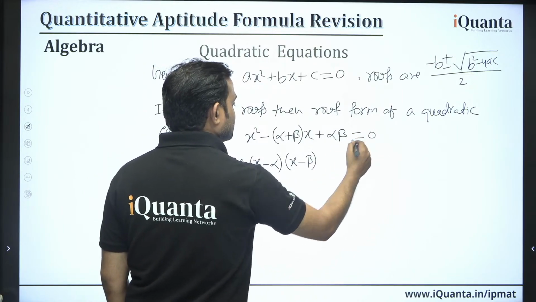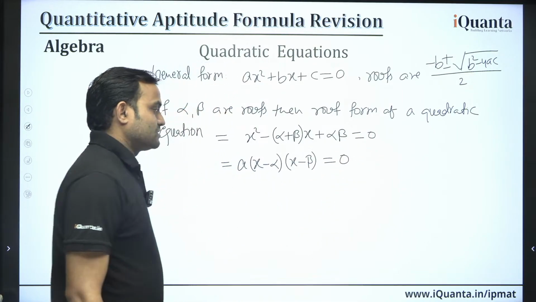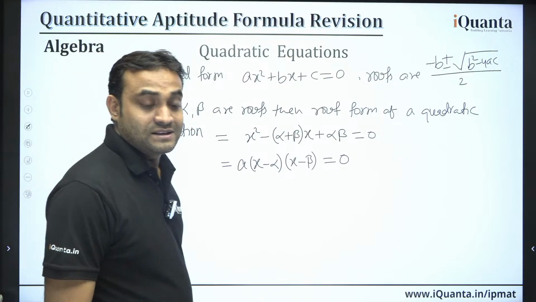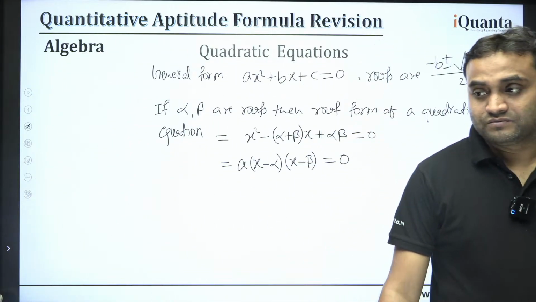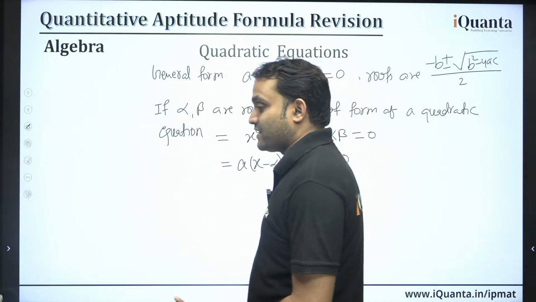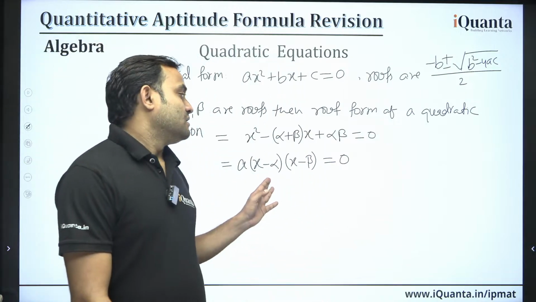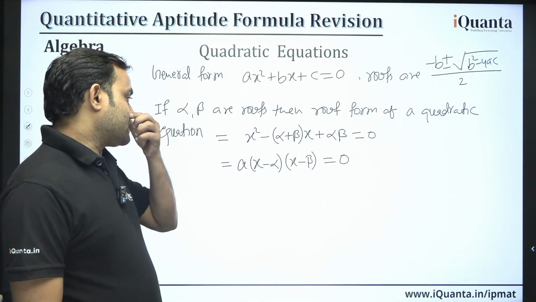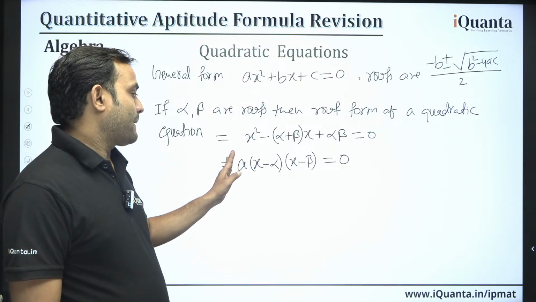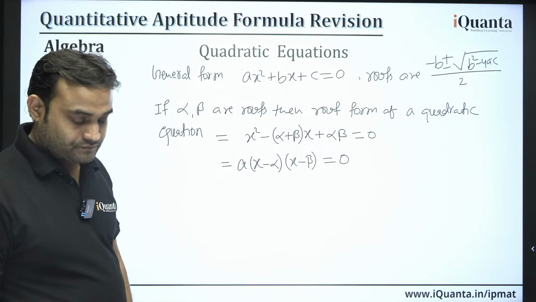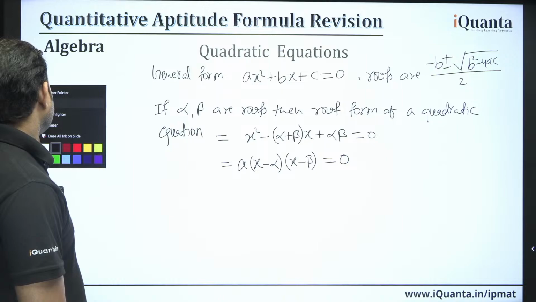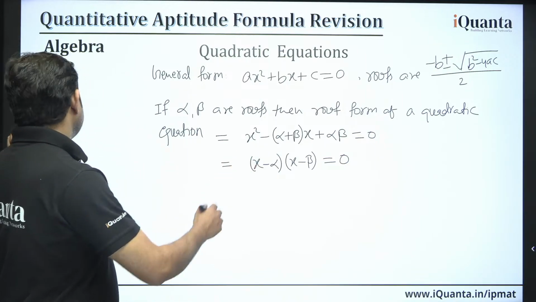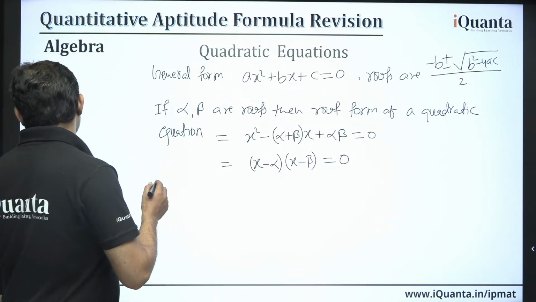This is equal to 0. This will be the root form. If both of the roots are given, you can find the equation like this. This a we can also take on the right side and it will still make the same sense.